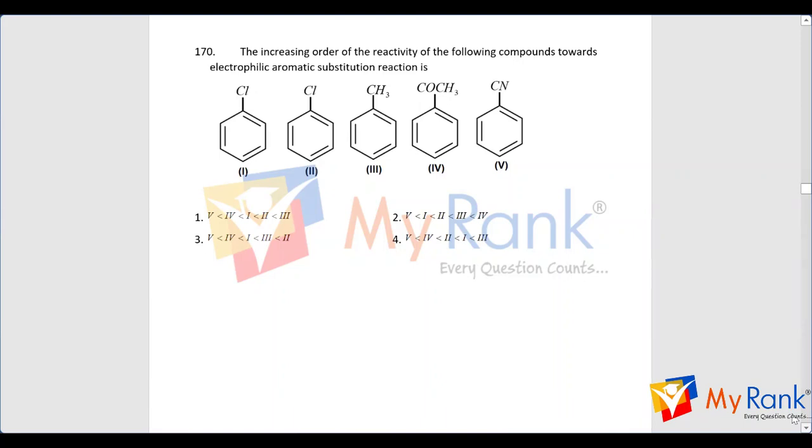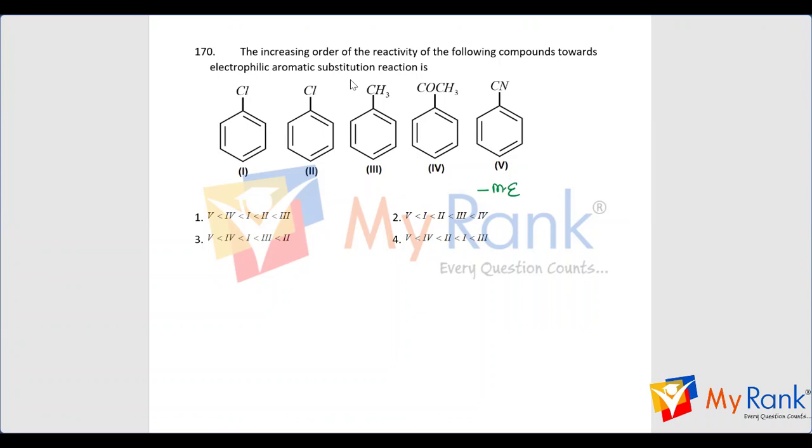The increasing order of the reactivity of the following compounds towards electrophilic aromatic substitution reaction is. So very simple here. Electrophilic aromatic substitution means electron withdrawing groups and electron donating groups. If you take CN here, this is a minus mesomeric effect group.